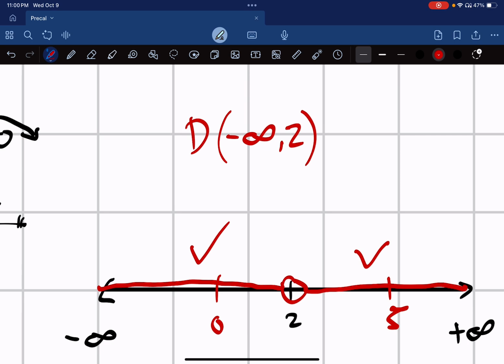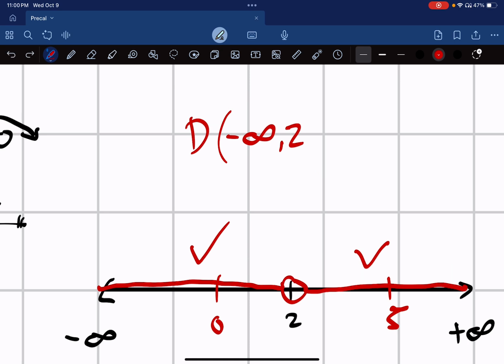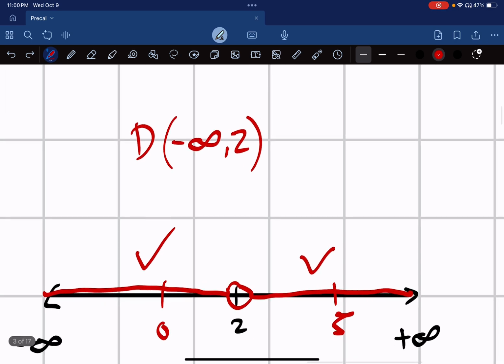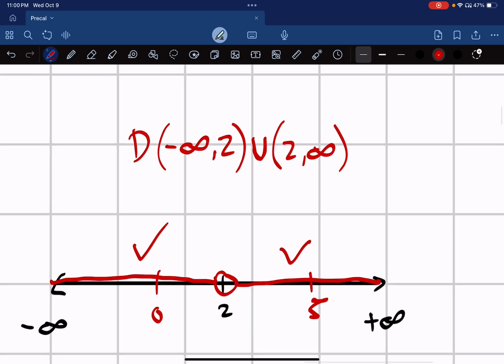And then, we still have this part. To include this part, we have to have the union also of 2 to infinity.